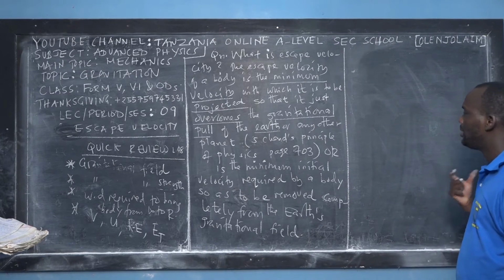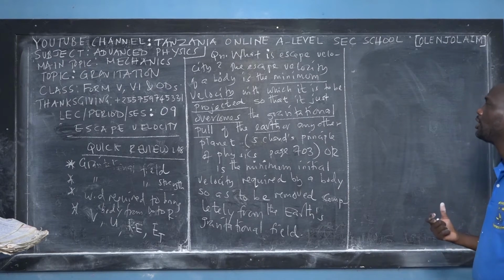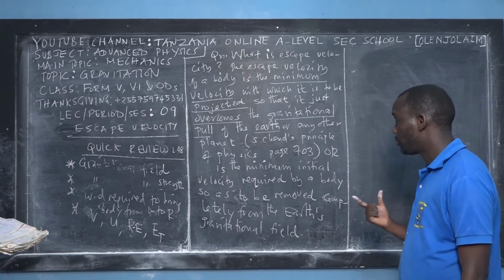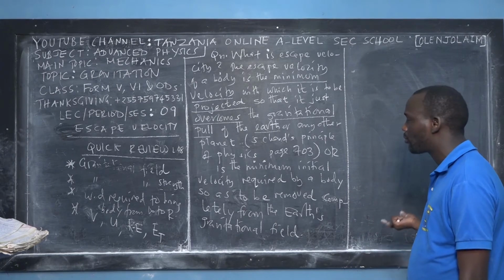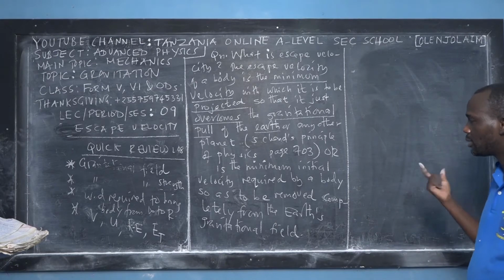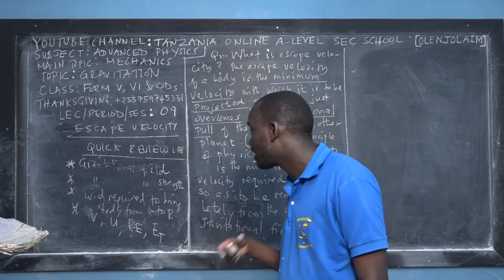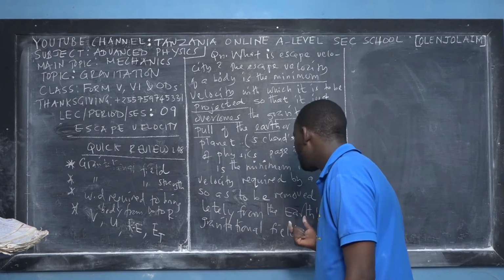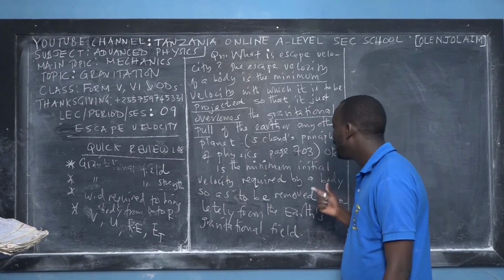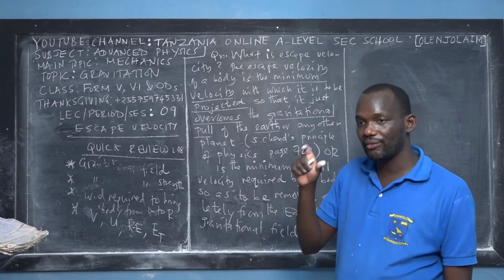So this is the minimum velocity required by a body to be projected from the Earth's surface, or from a certain planet, so that it overcomes the gravitational pull, because there is a gravitational pull of the Earth on any body within its gravitational field.